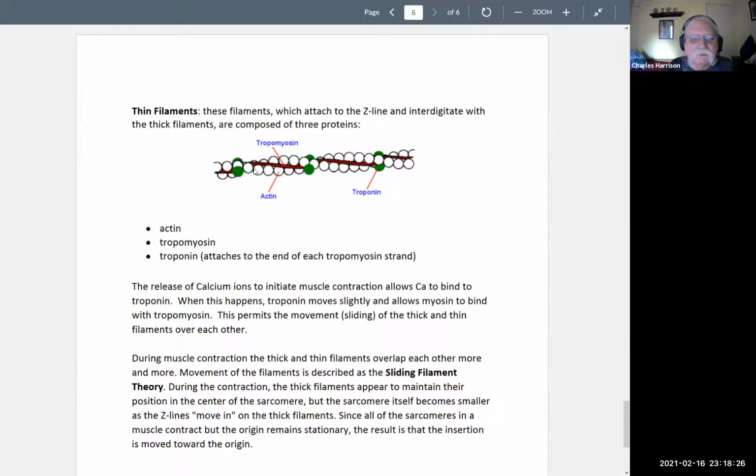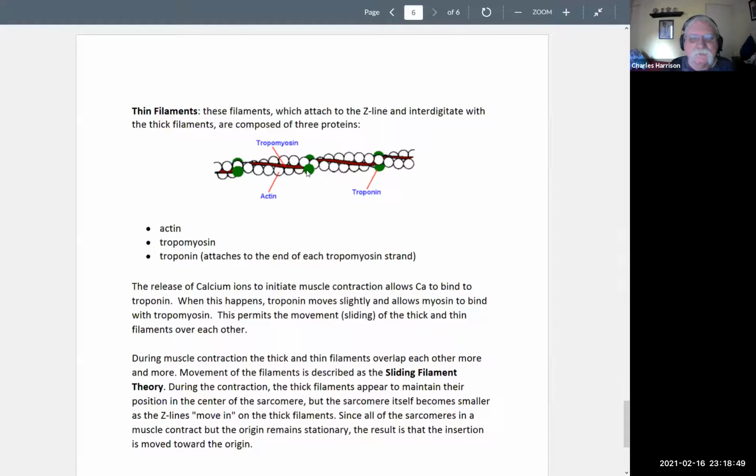We have actin serving as the base, tropomyosin occupying the groove. It doesn't occupy the entire groove. It only occupies enough of the groove to accommodate 7 actin units. You don't need to remember that.